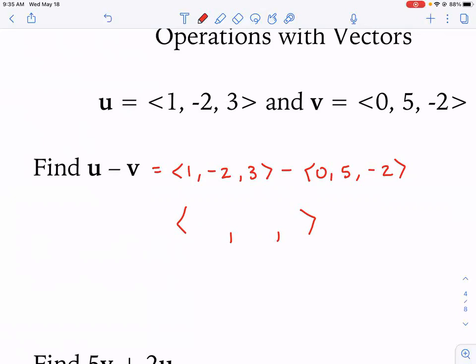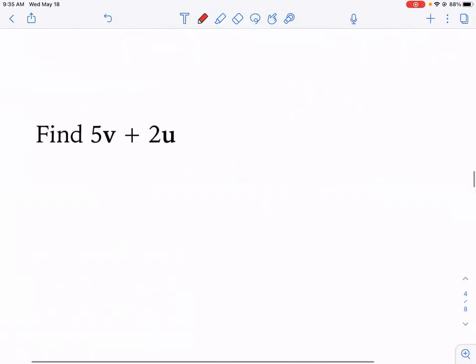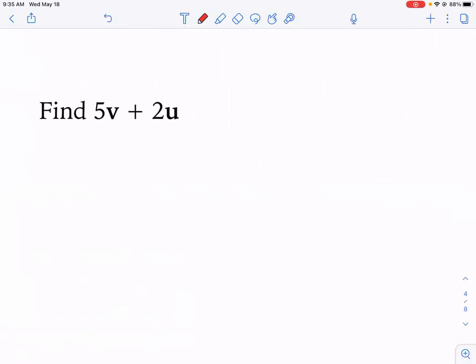Hank, what do we got? Do you agree with Hank? Good. Now, if I ask you for 5v plus 2u, we need to distribute 5 through v. We need to distribute 2 through u, and then we can add them together.